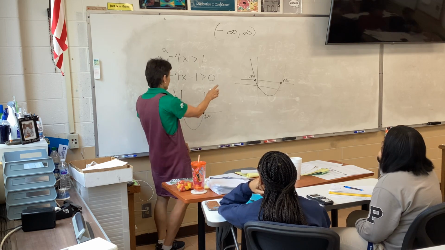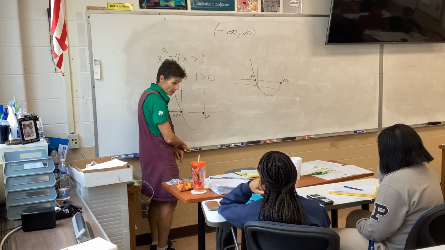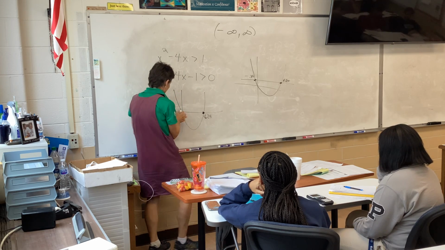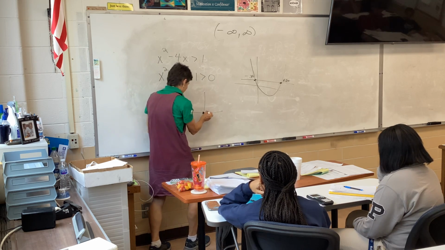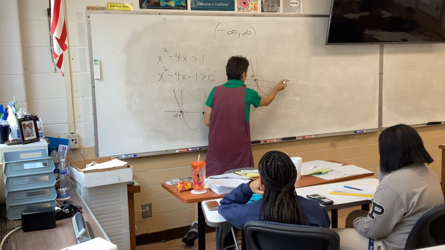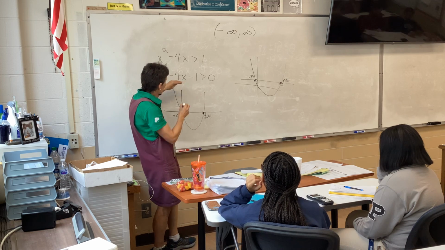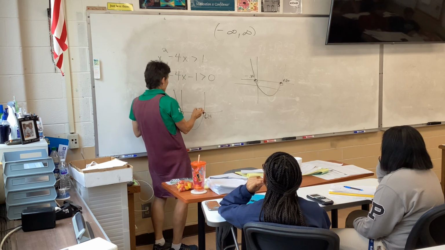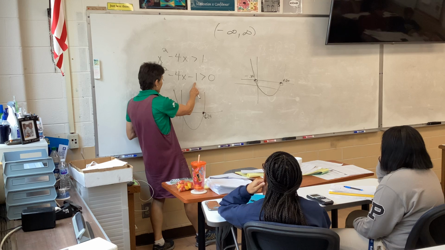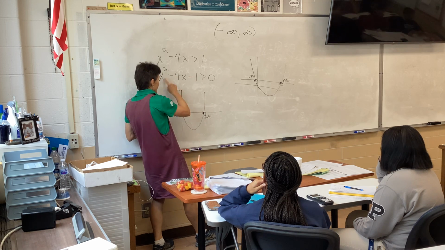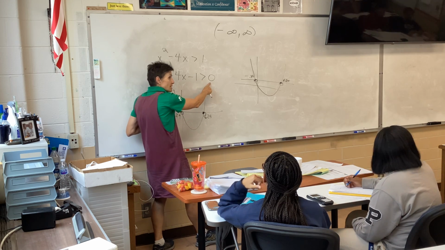Now I went ahead and colored those dots in, and I shouldn't have, should I? Nope. I'm gonna open them up. They shouldn't be colored in. And this time, I want to know if I'm doing this equation, if I'm on this picture, I want to know where the parabola is bigger than 0.